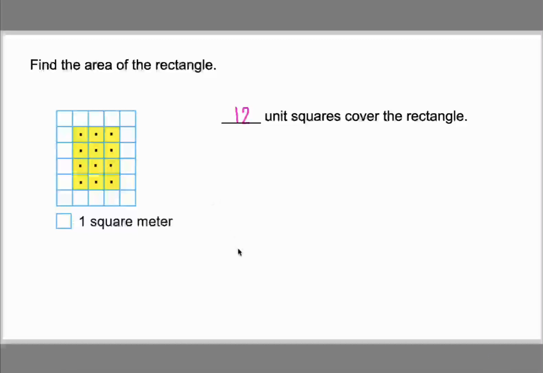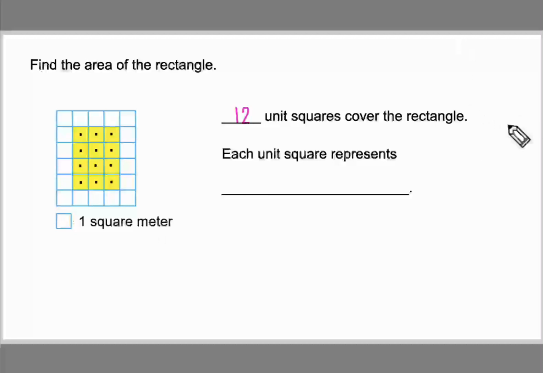Square meter. Yes. What is the used unit? Square meter. We get it from here, my heroes. Look, it's written here. Let me choose another color. It's written here. So each unit square represents 1 square meter.